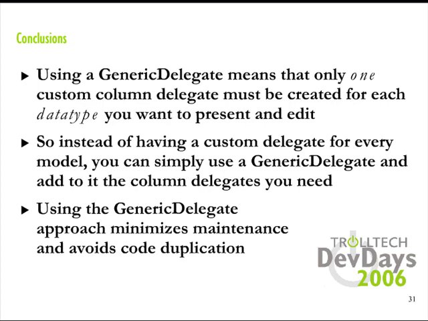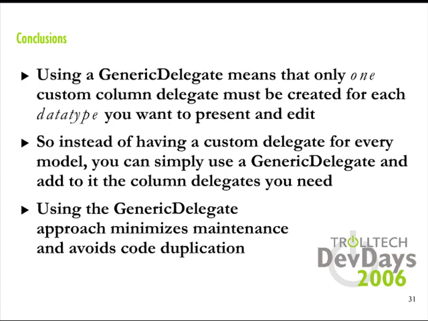The key, I think, for this is if you're creating lots and lots of models and you're using the same data types over and over again, integers, dates, floating point numbers, rich text, plain text, and the only difference is which columns have which data types, then this allows you to create one column delegate for each data type and then to construct delegates which are specific to your models by creating a generic delegate and populating it for each field with the delegate that's required.